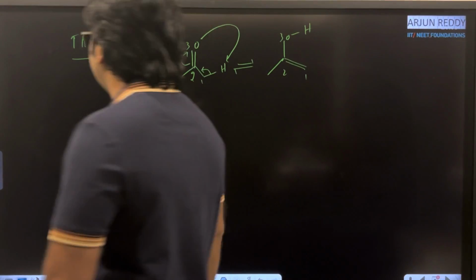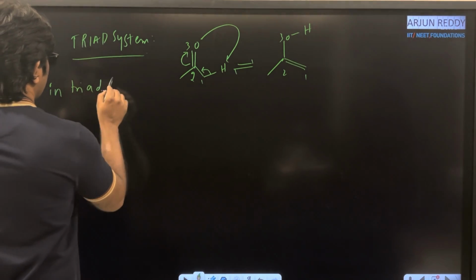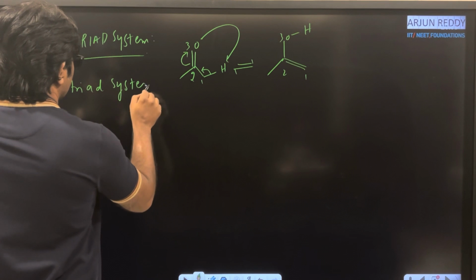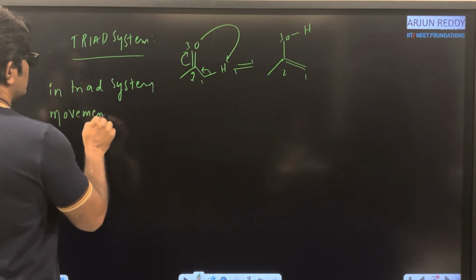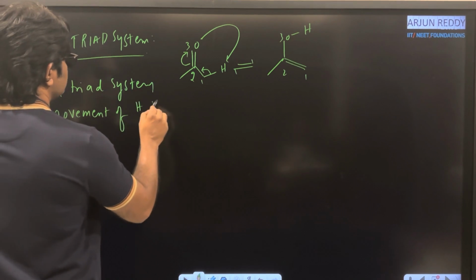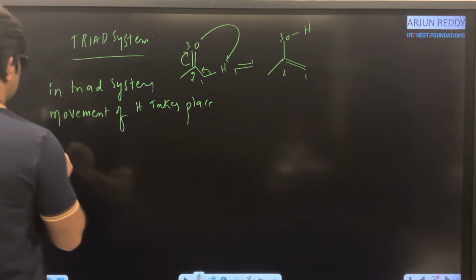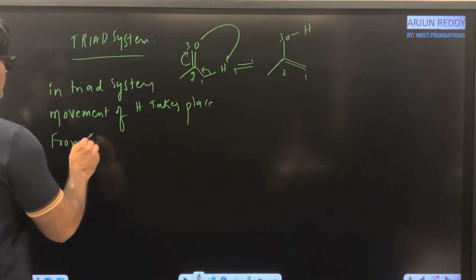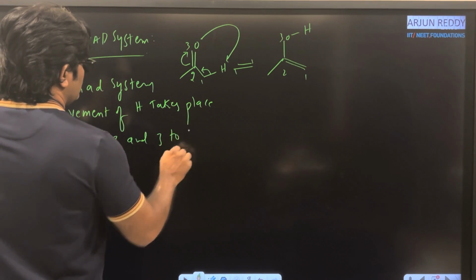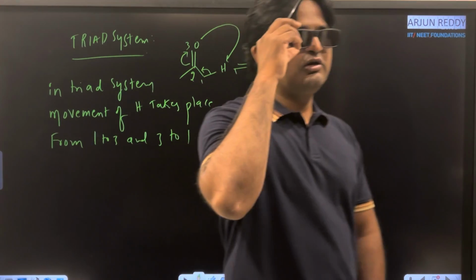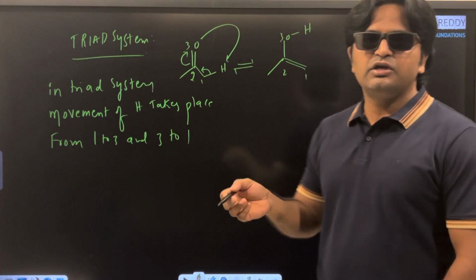So what happens in triad system? In triad system, movement of hydrogen takes place from 1 to 3 and 3 to 1. Movement or oscillation of hydrogen takes place from 1 to 3 and 3 to 1.